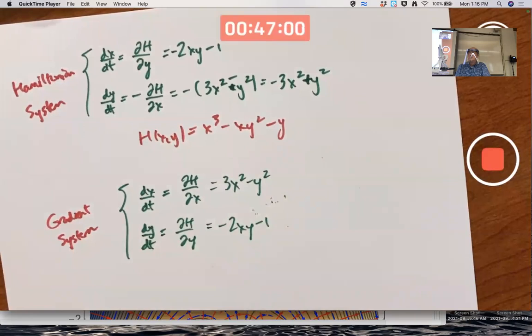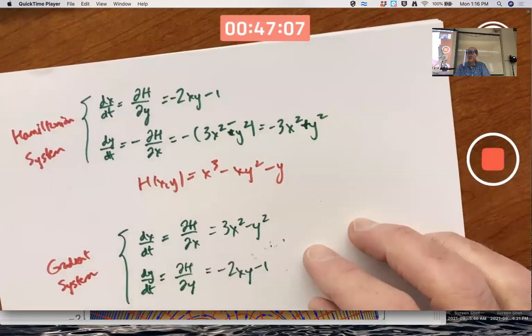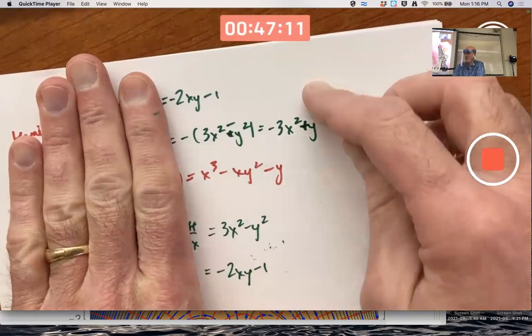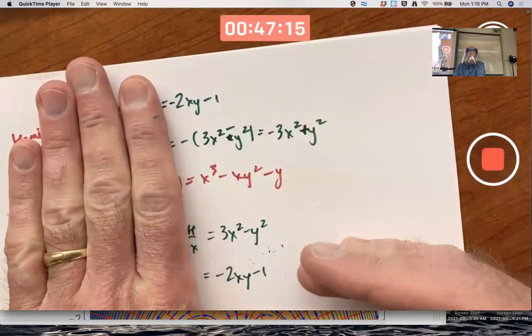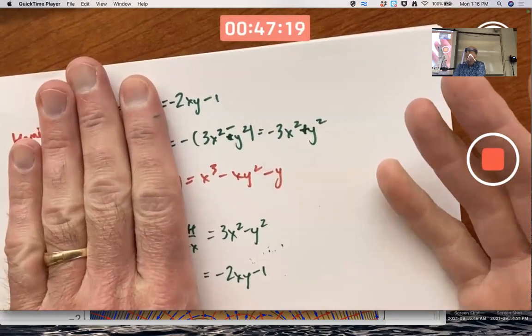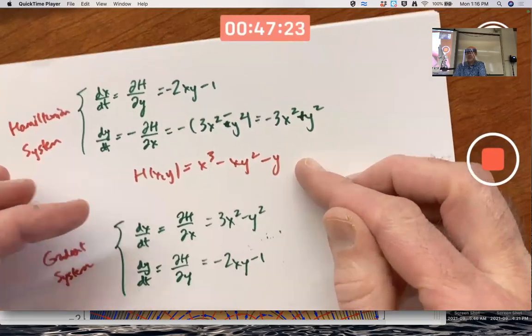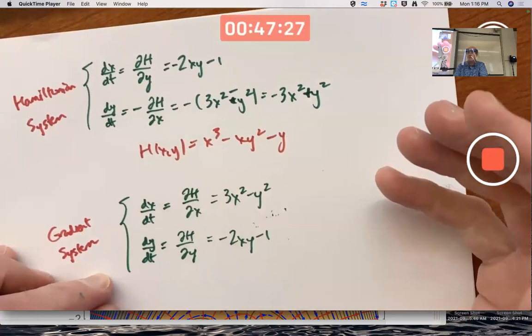You'll also read about, and also in the lecture, I talk about tests to decide whether a system is Hamiltonian or gradient without thinking about H at all. Just thinking about these right-hand sides, you might wonder, okay, is this a Hamiltonian system? Is this a gradient system or not? There are tests to decide, even if you don't know what H is. By the way, for a gradient system, you don't typically call it H, you typically call it V. Why?